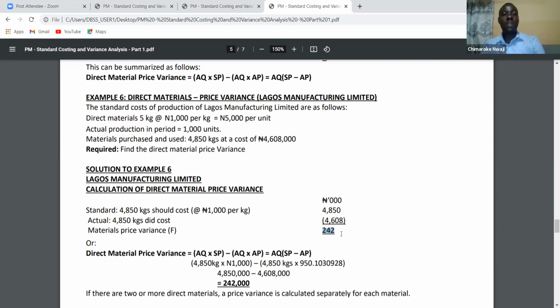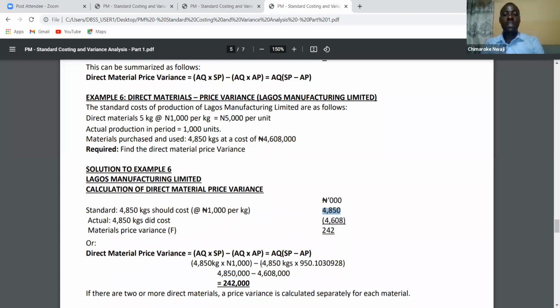Now let's look at the formula method to see if we are correct. This is the actual quantity and the standard price. 4,850 is the actual quantity, 1,000 is the standard price. Multiply them together, you have 4,850,000, which is the same thing up here.